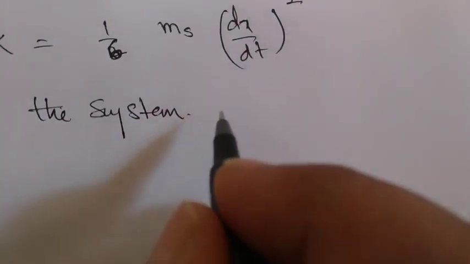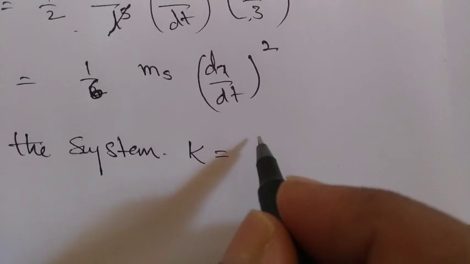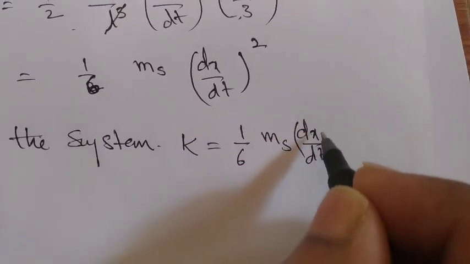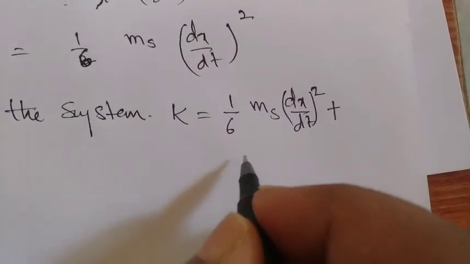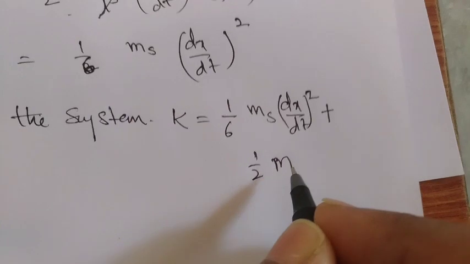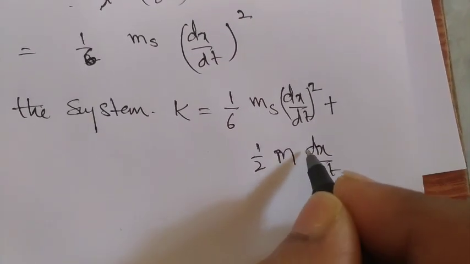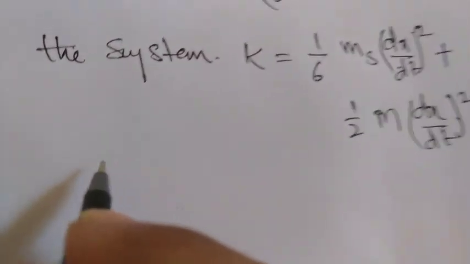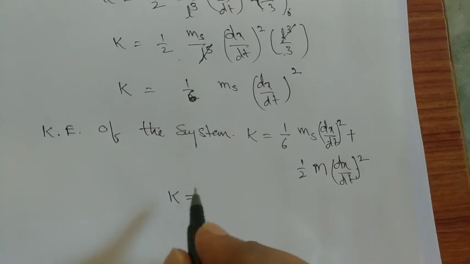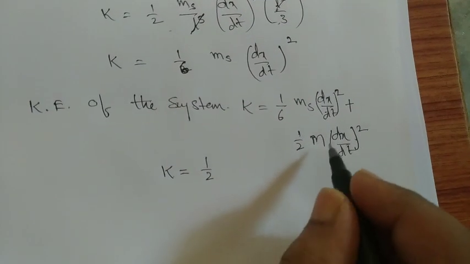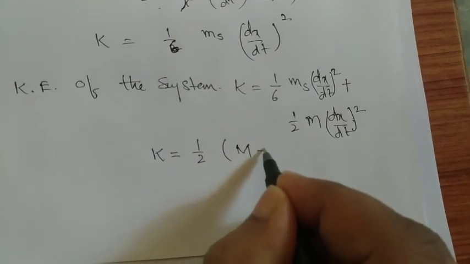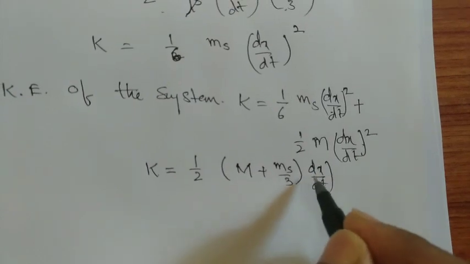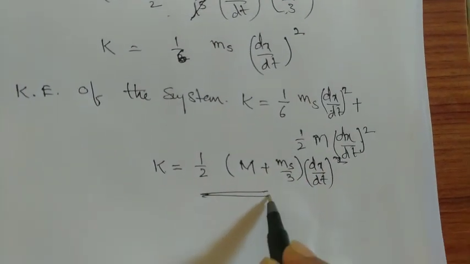So total kinetic energy K equals, for the spring, as already derived, (1/6) ms (dx/dt)^2, plus the block's kinetic energy (1/2) m v^2. Here m is the mass of the block and v is again dx/dt. Taking (dx/dt)^2 as common, K equals (1/2) (m + ms/3) (dx/dt)^2. This is the kinetic energy of the system.